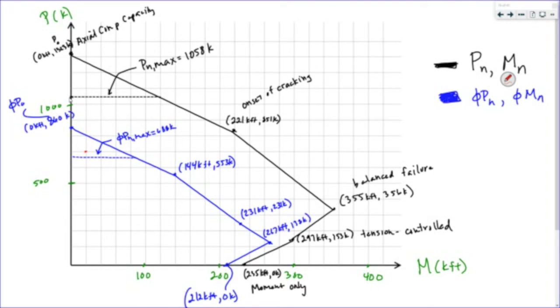If you're out here with a phi PN of 700 kips and a moment of 20 kip feet, your maximum axial capacity is limited to 688 kips.